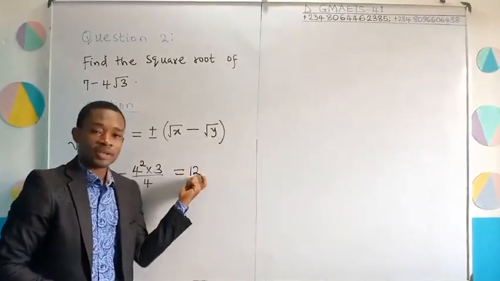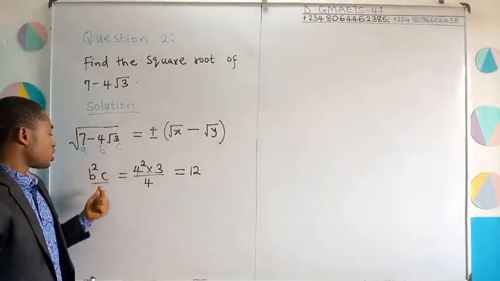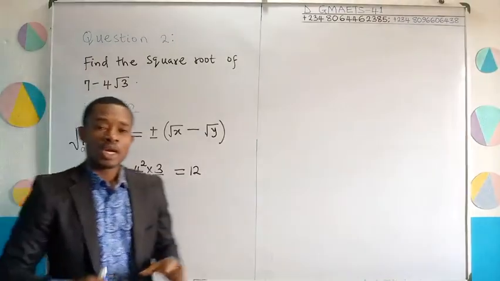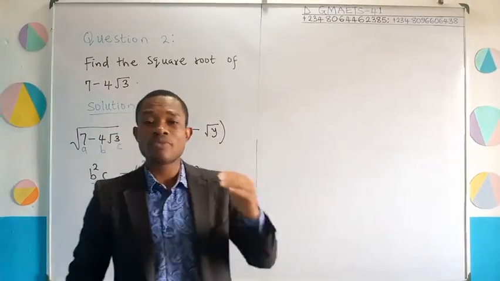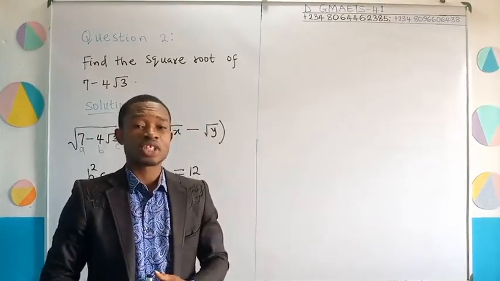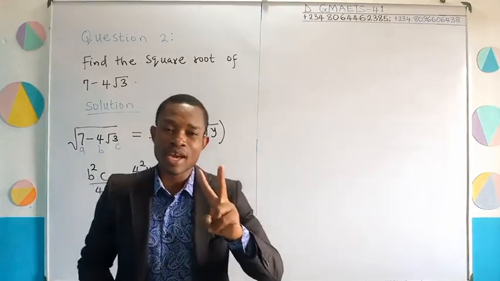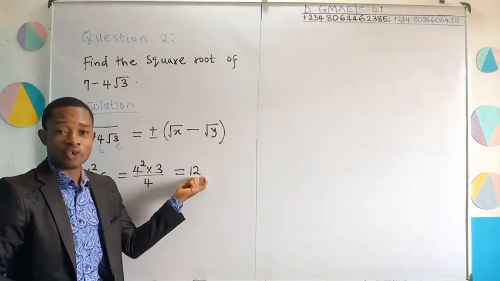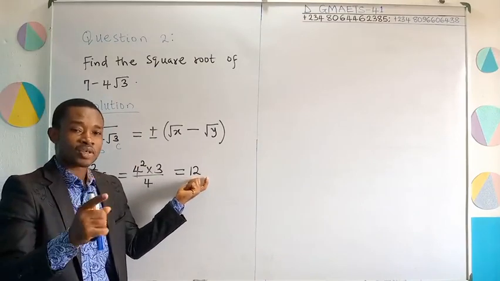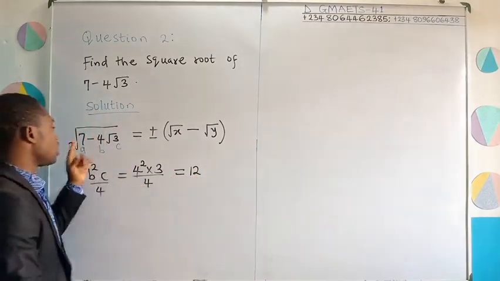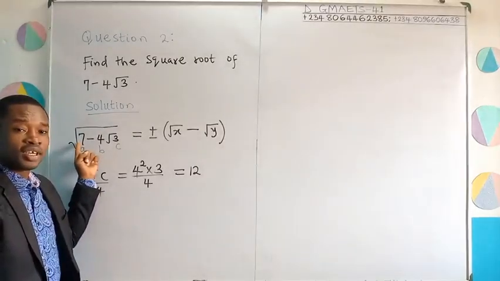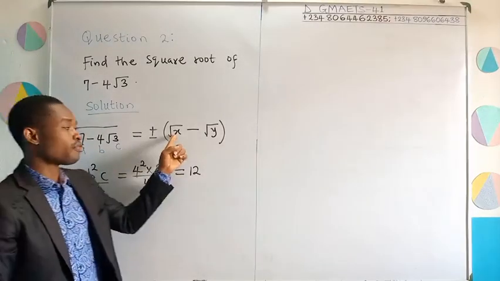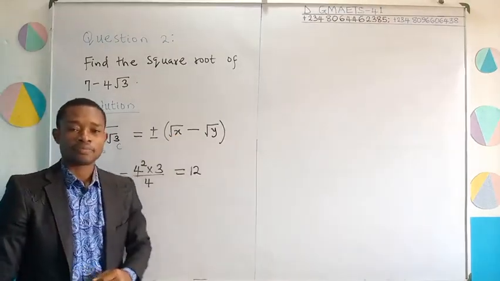Now this number, which is the value of b squared times c divided by 4, according to the Omaka's square root of surd factorization theorem, we need to get 2 factors of it. Those 2 factors, as long as you add them up to get the value of a, which is 7, are the values of x and y.